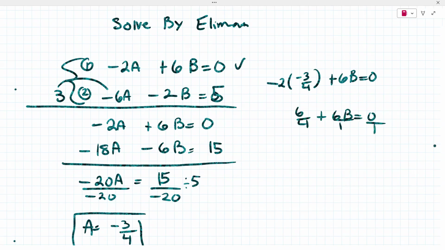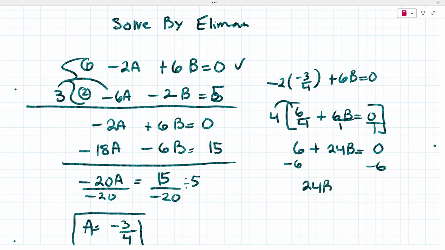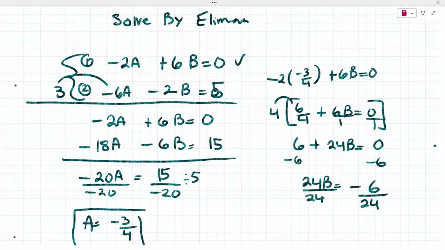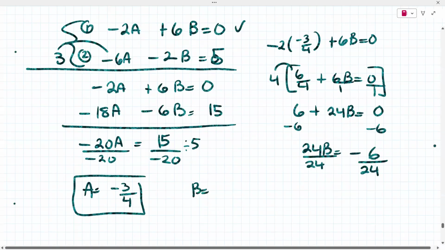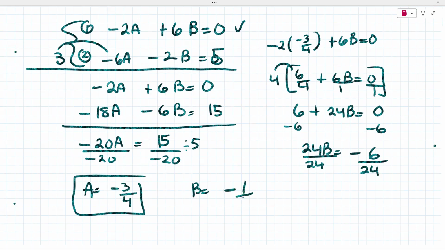Then you solve for b by getting rid of the fraction, multiplying both sides by 4. So this is going to be 6 plus 24b, and 4 times 0 is 0. Solve for b, so subtract 6, and divide by 24. You get b equals negative 6 over 24, which can be reduced by 6, so that's negative 1/4.